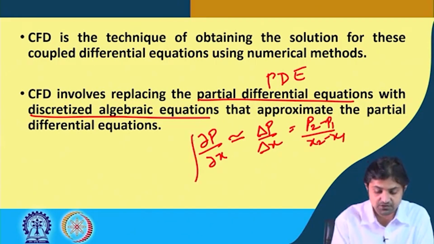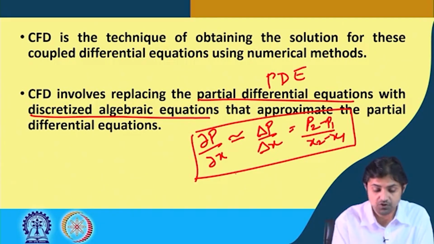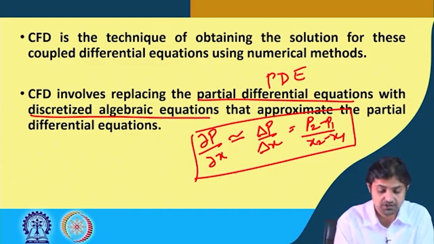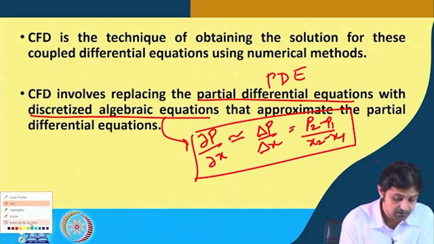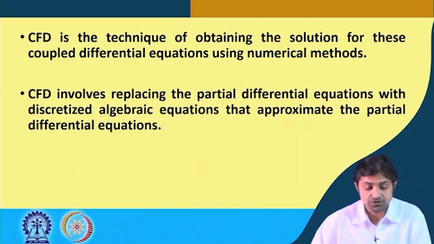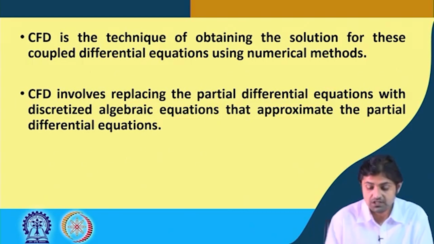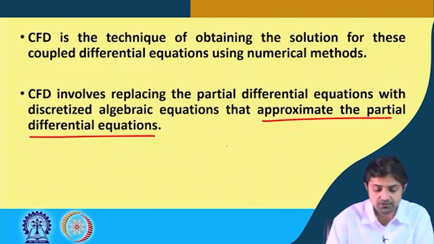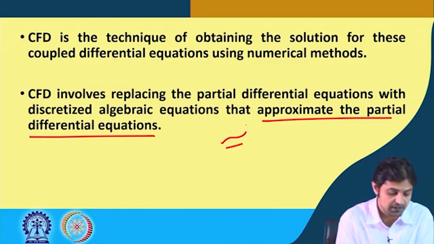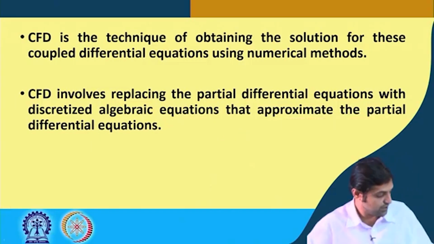This is very basic to write, but I hope this will make it clear to you what a discretized algebraic equation is. So, this is like an algebraic equation, right? So, CFD involves replacing the partial differential equations with discretized algebraic equations that approximate the partial differential equation. So, that is why there was an approximate sign when I wrote those. All right.